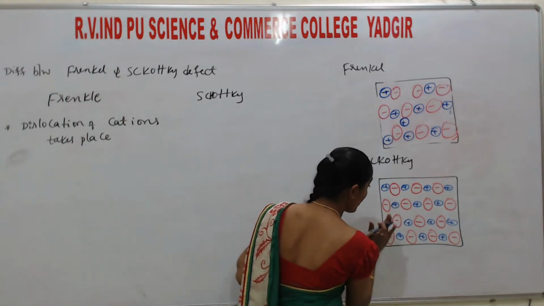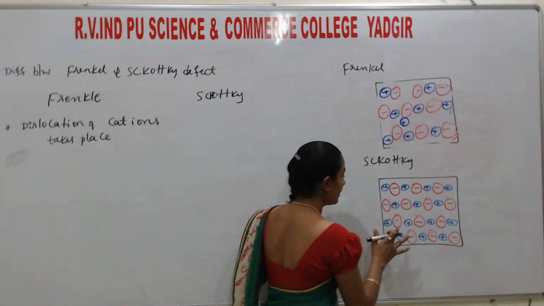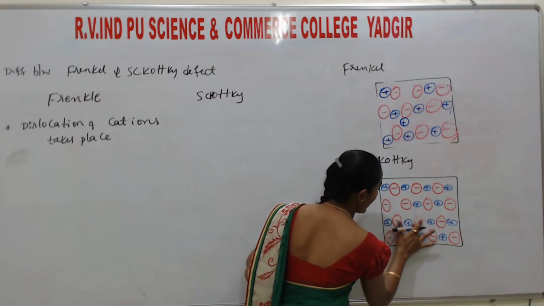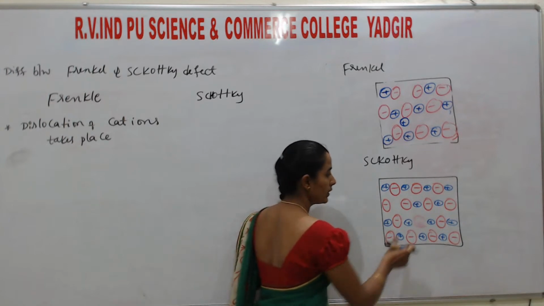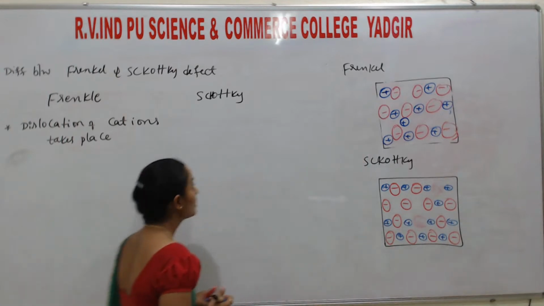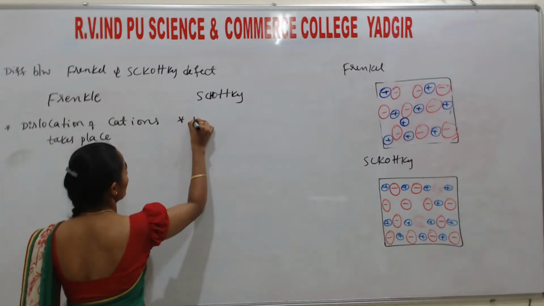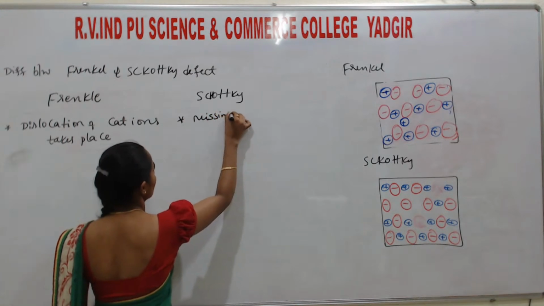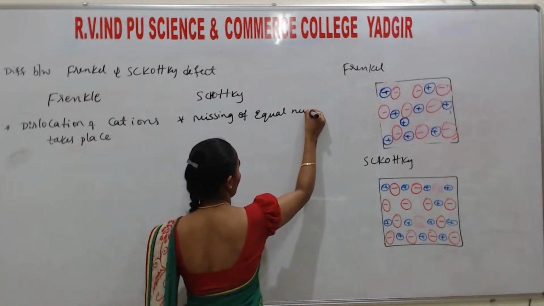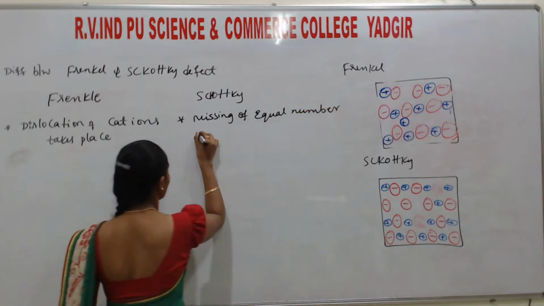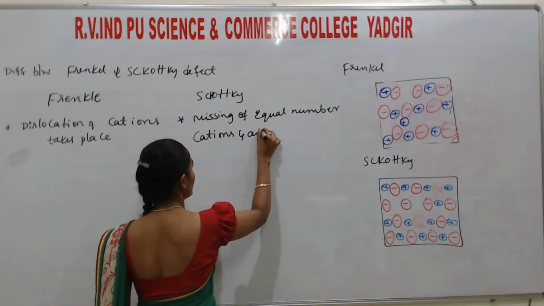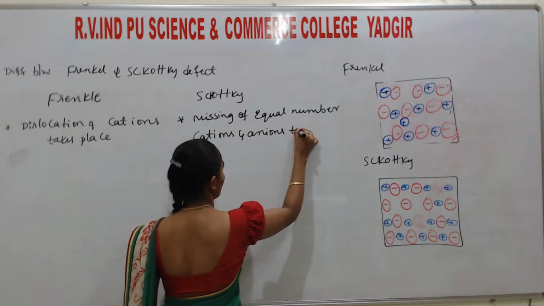Here, complete missing of cation and anion. So here, if one cation is missing, it means one anion is also missing. Here one cation, here one anion. Okay, so in Schottky, missing of equal numbers of cations and anions takes place.